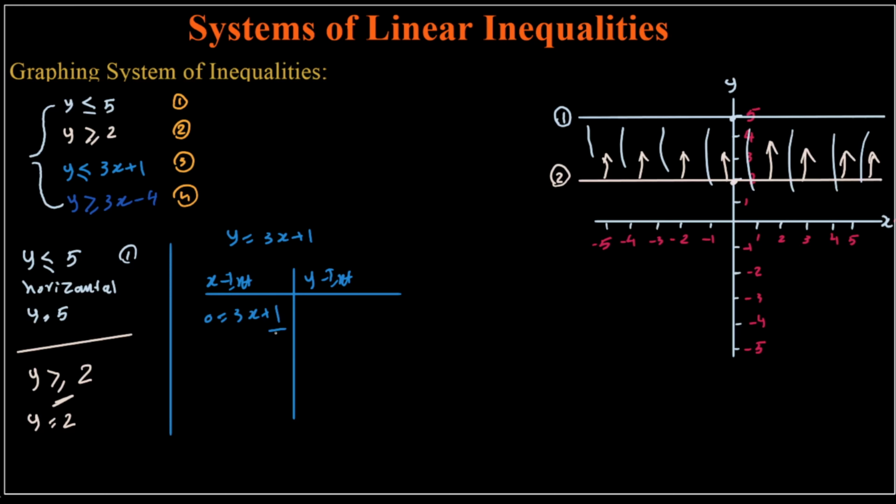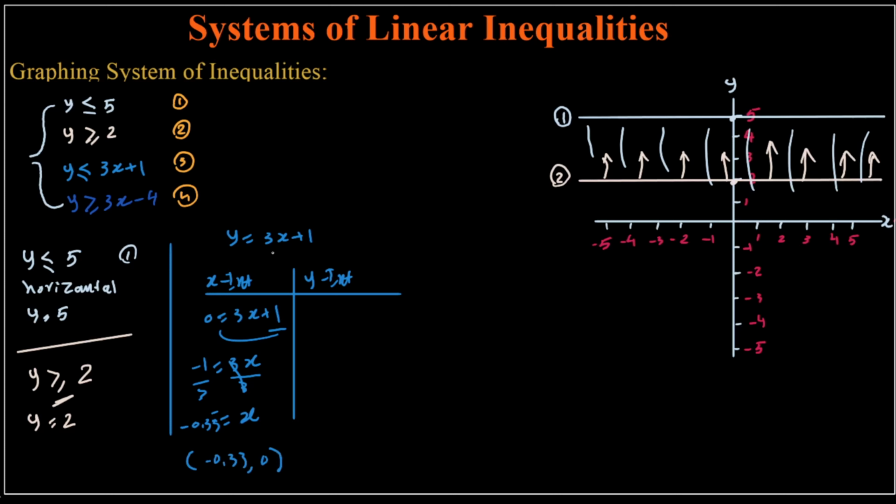We can move 1 to the other side, it will be negative 1. So negative 1 equals 3x. Divide both sides by 3. So negative 1 divided by 3 equals negative 0.33 approximately. 3 divided by 3 is 1, so just x is remaining. So our point will be negative 0.33 and 0 for y.